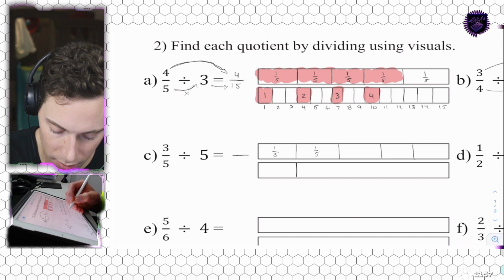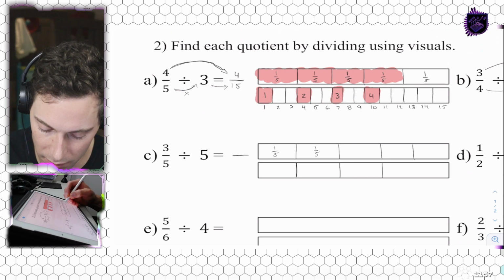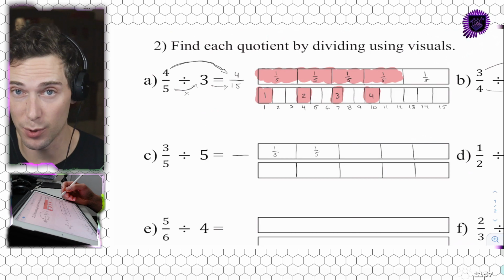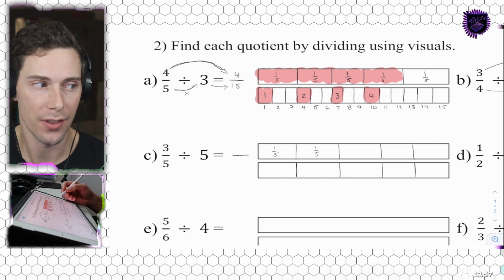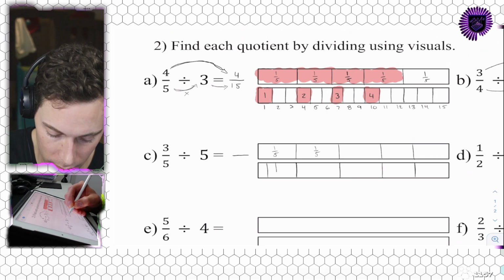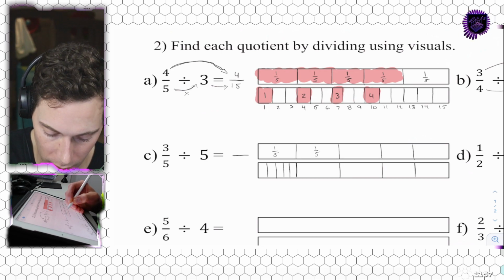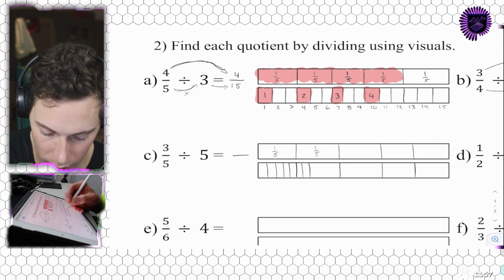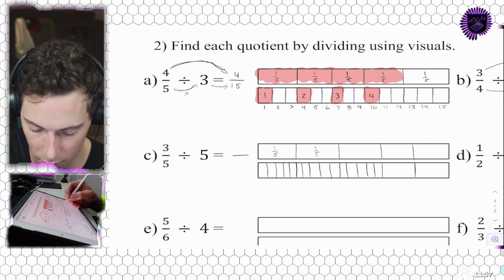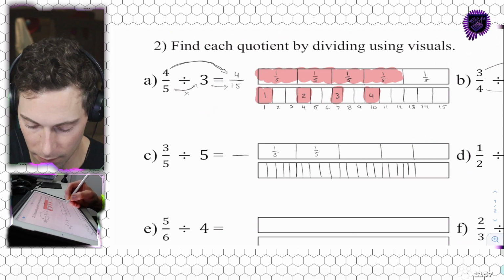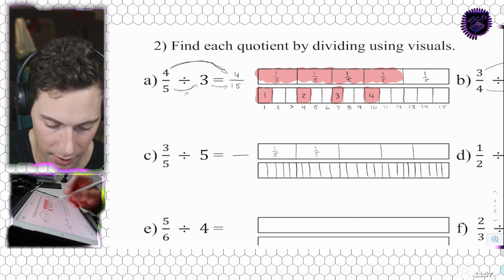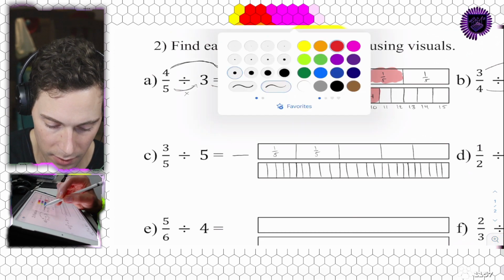And each fifth is going to be further broken down into 5. So 1, 2, 3, 4. Oh, wow. And then every single one of these.